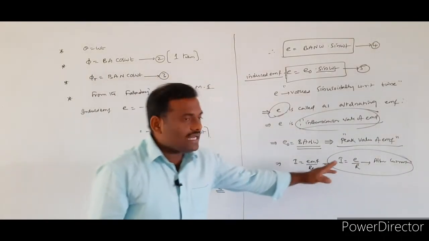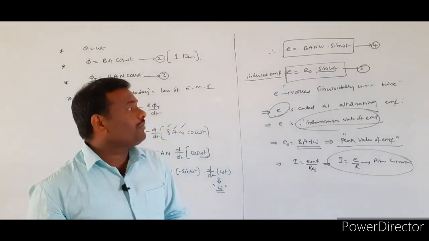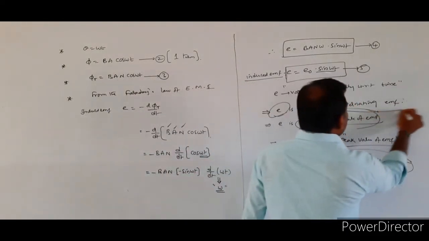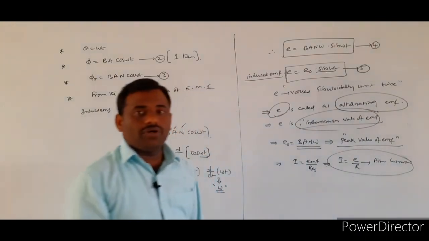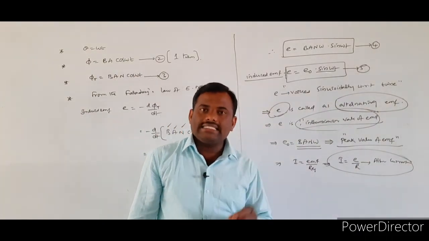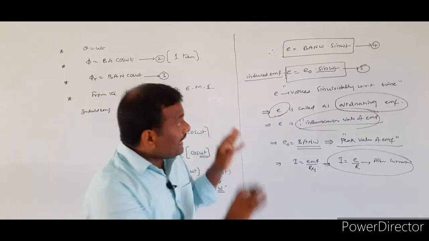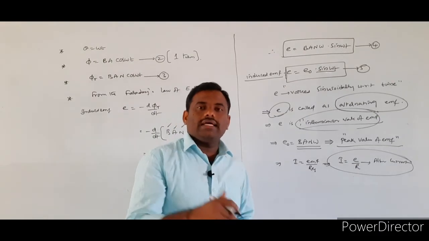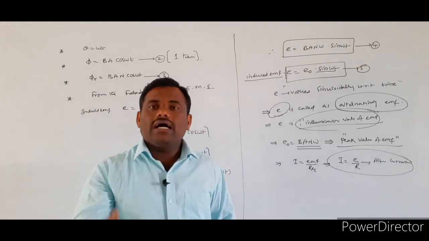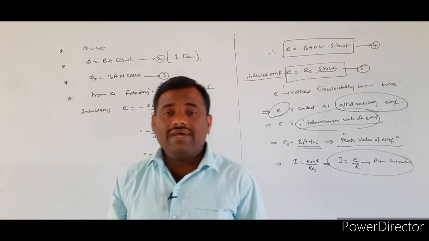So the current which is produced by the alternating EMF is called alternating current.